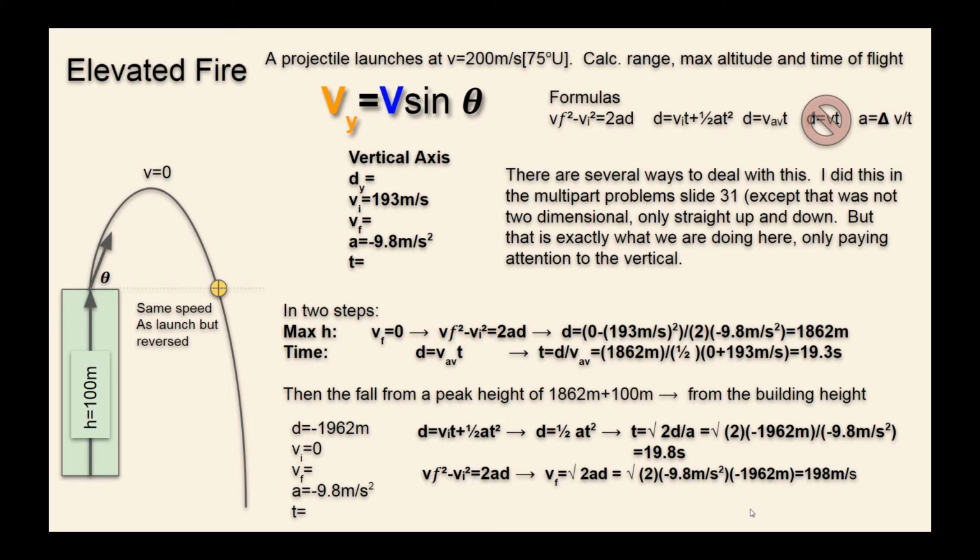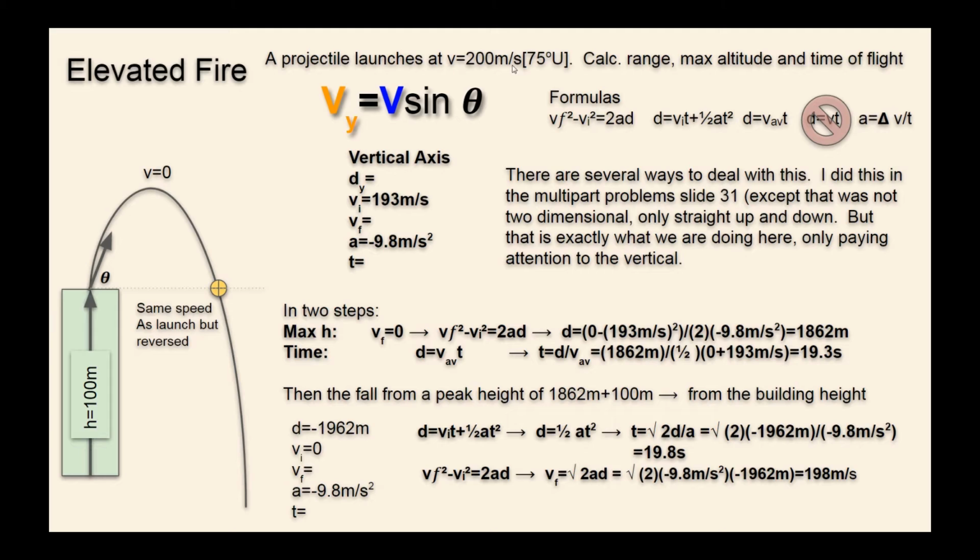Now, oddly enough, isn't that odd? It seems to have landed slower than it took off. Why could that be? We launched it at 200 meters a second, and it landed slower than it took off. Because we're only dealing with the vertical speed.